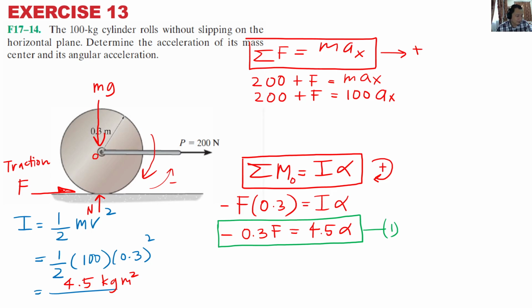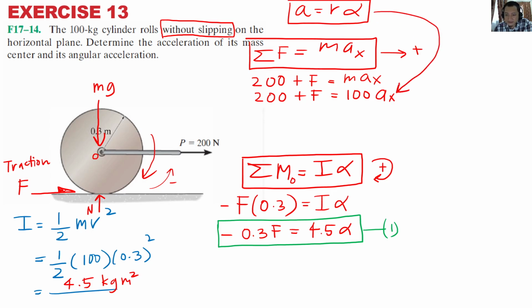So, do you remember this one, which is without slipping? So without slipping, we can use A is equal to R alpha. So this one we can substitute here. Now you're going to get 100 times radius 0.3 times alpha.